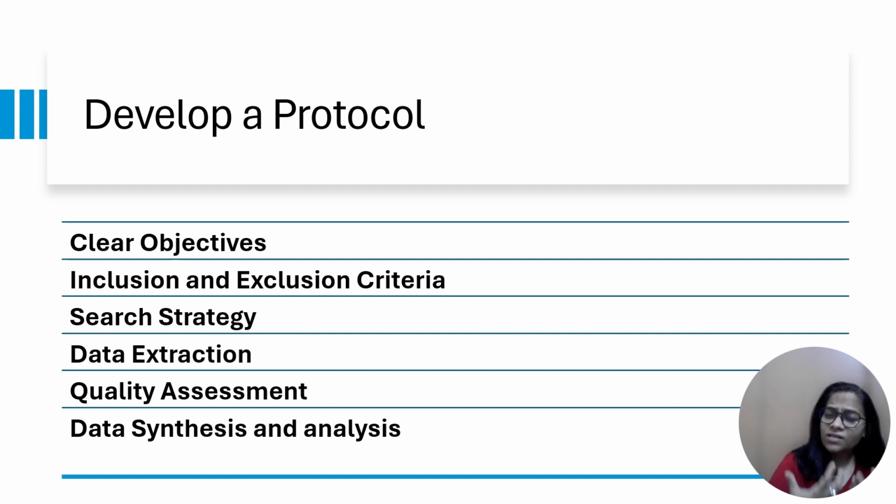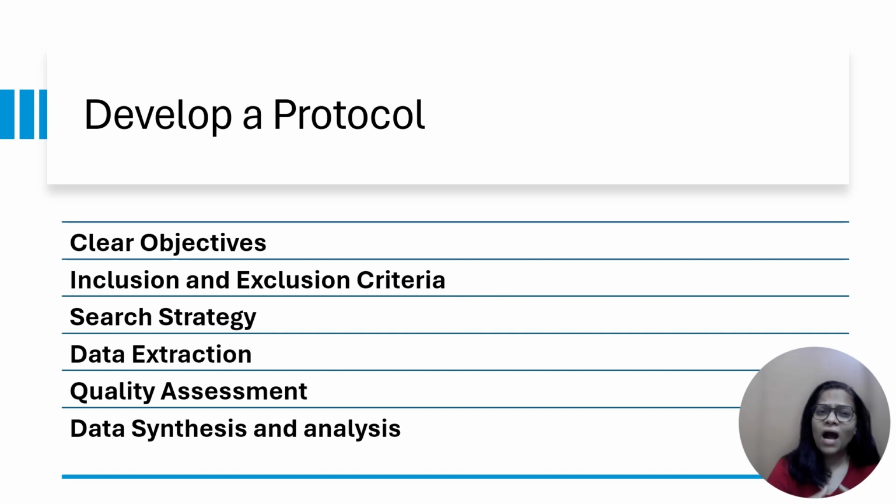Now for the quality assessment, you may also use validated tools to assess the quality and risk of bias of included studies. So be transparent about the criteria that you will be using, and here you would consider certain tools like the AMSTAR tool or the others which are available.